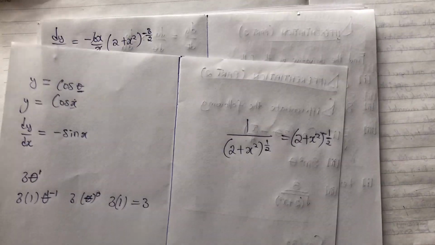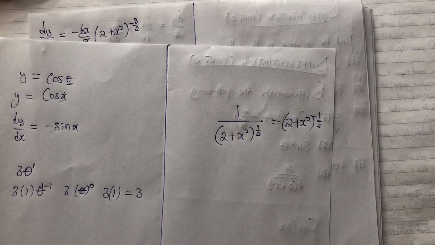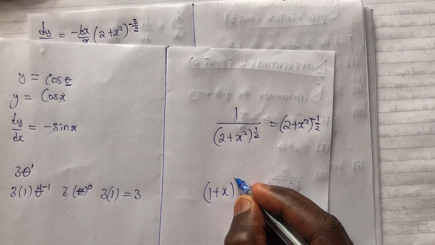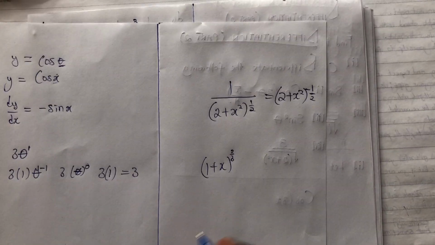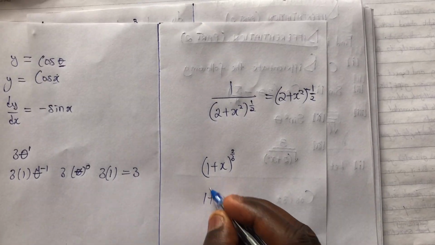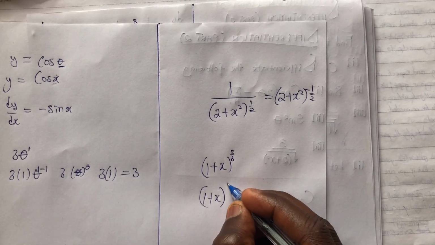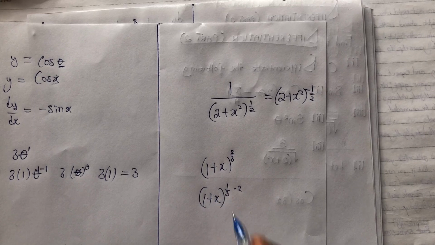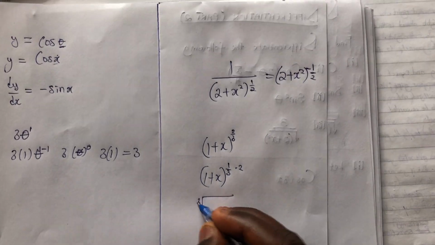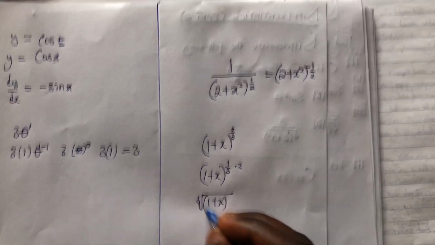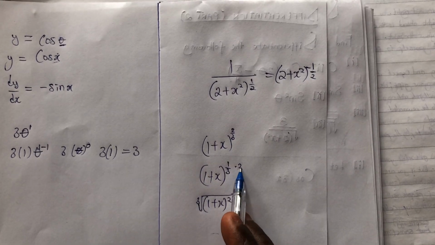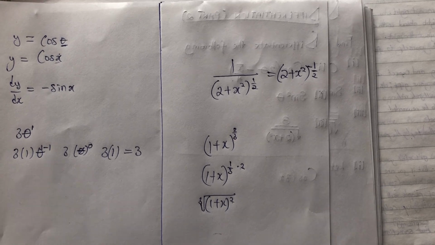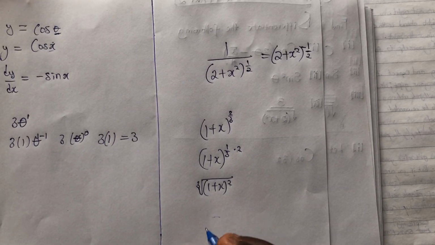What I'm saying is that if I have something like, let's say, (1 plus x) all raised to the power 2 over 3, it is the same as me saying (1 plus x) all raised to the power 1 over 3 times 2. So this is the cube root of everything. So I'm getting the cube root of (1 plus x) all squared because there was a 2 here. So this is a general rule in indices. So I'm applying that for the function we are working with.